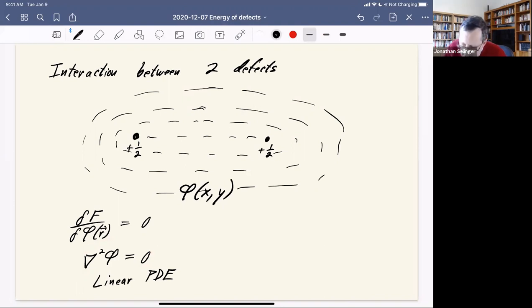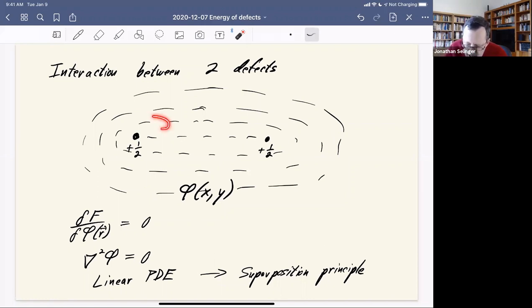it has the superposition principle. That is, we can just add up solutions and get a new solution. So we can add up the solutions that are associated with a defect here and the solution that's associated with the defect there.